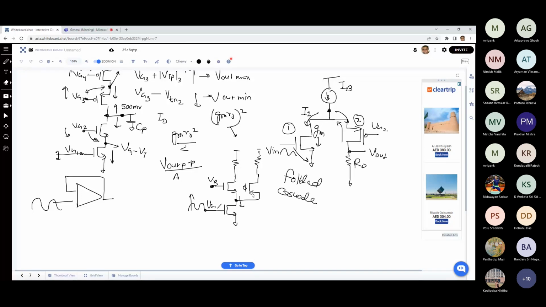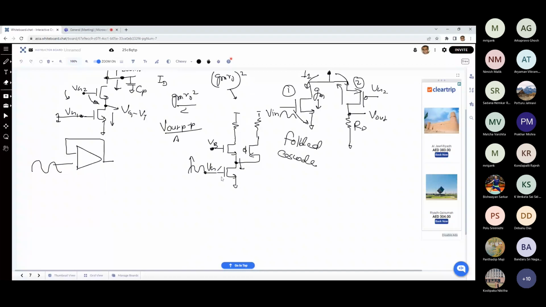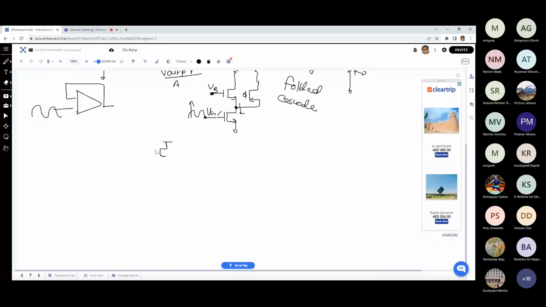So in this case, your VB is not coming into picture. So here you have the DC current source, and it will be ultimately like a PMOS load, right? So if I just draw it in with the full detail, here it will be ultimately a VG3 PMOS current source, and this is the input device. Sorry, NMOS.